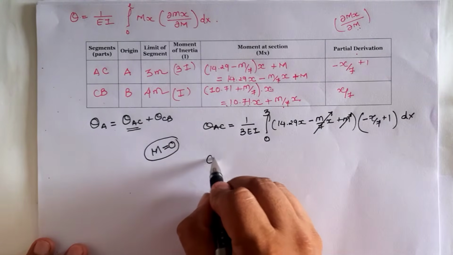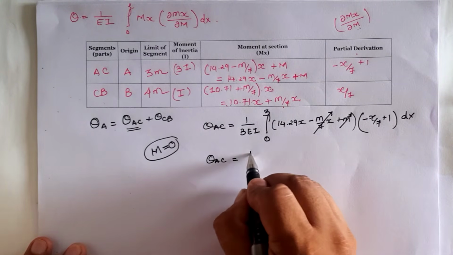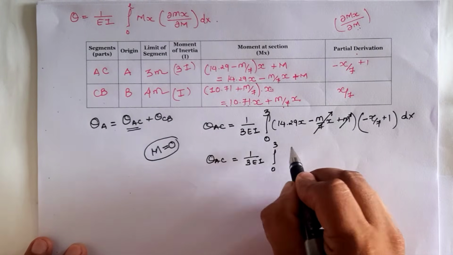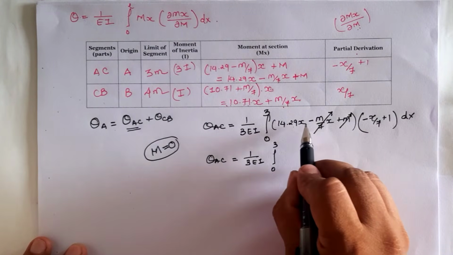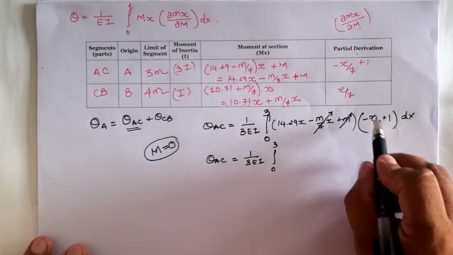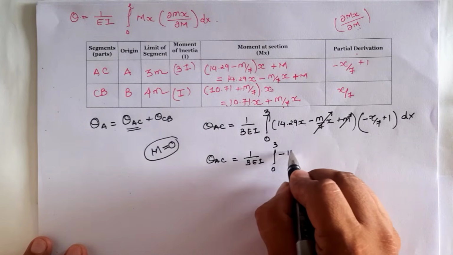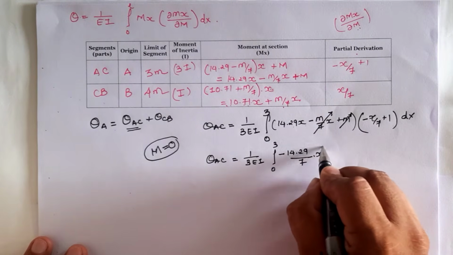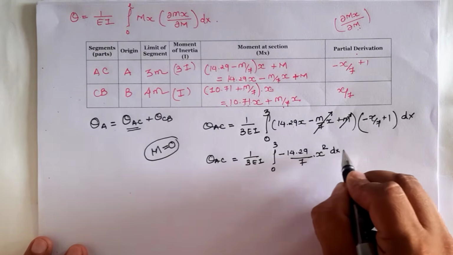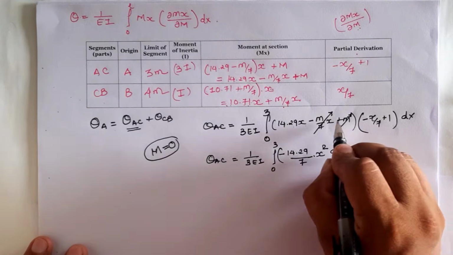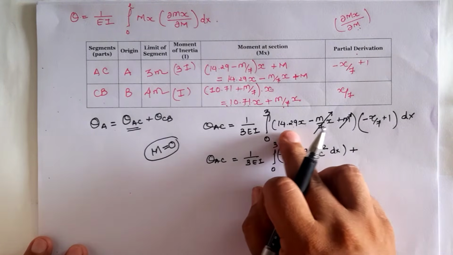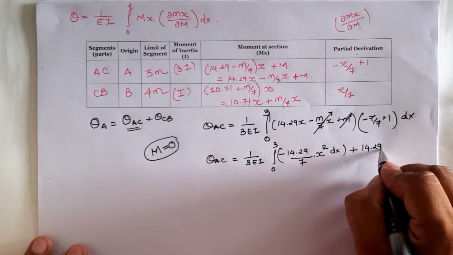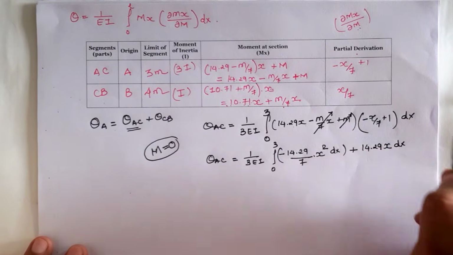We will have theta AC as 1 by 3EI, integral 0 to 3, of 14.29x into minus x by 7, so it is minus 14.29 by 7 into x square dx, plus 14.29x into 1, so it is 14.29x dx.